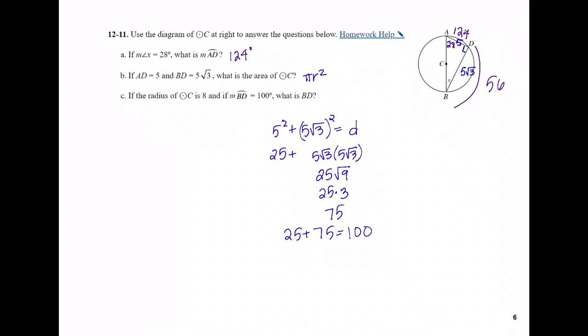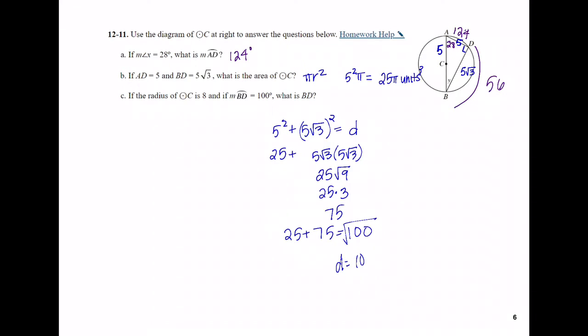We need to take the square root of 100, so the diameter of our circle is 10, which tells us the radius is 5. So 5 squared times pi gives us the area of the circle is 25 pi units squared.